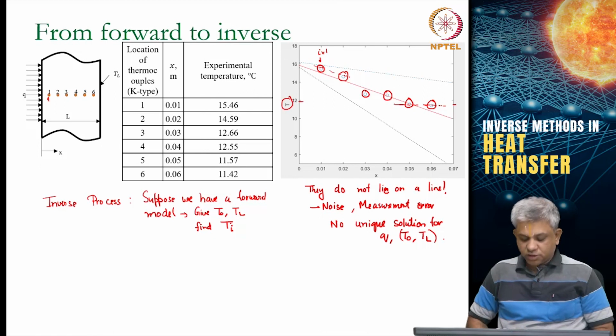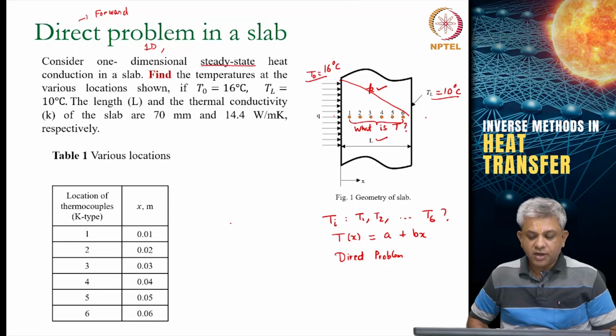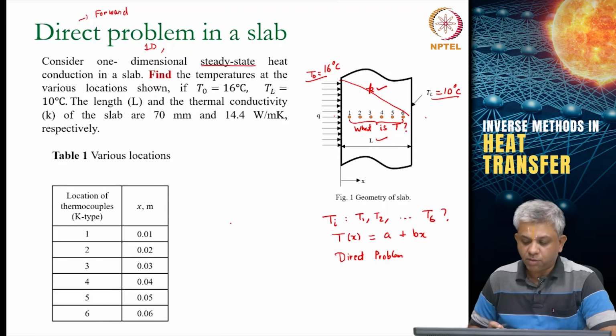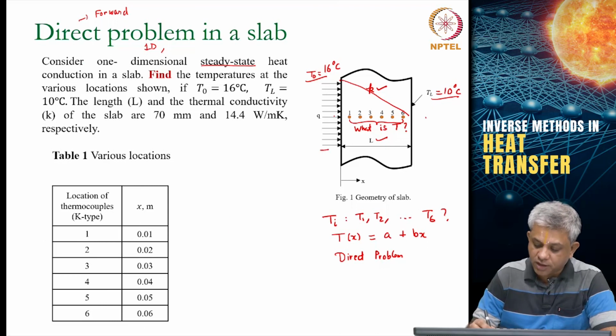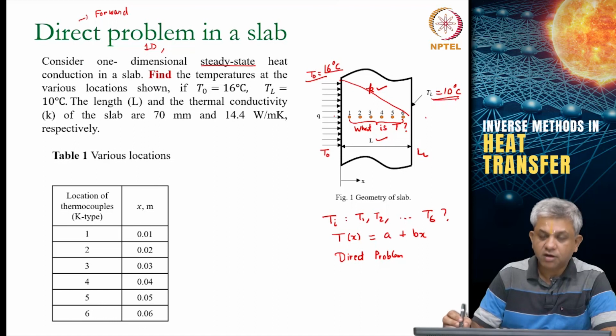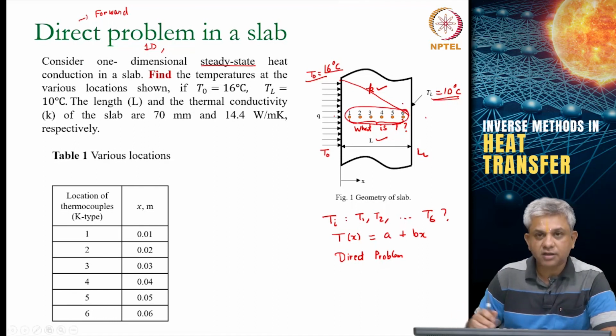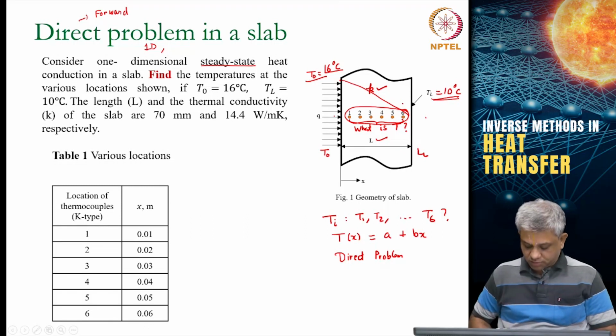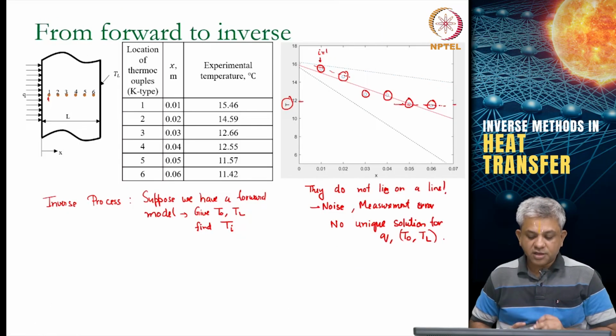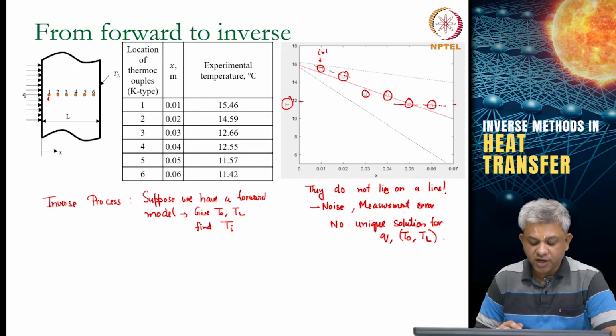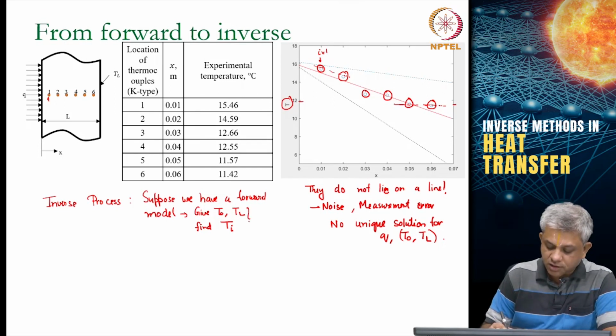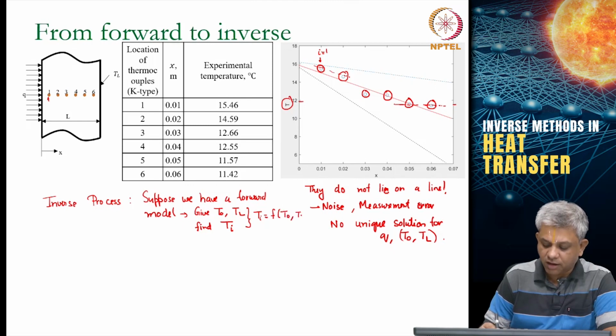Just to show you, here is the forward problem or the direct problem. What did we give here? We gave you T0 and TL, these 2 values, and we were trying to find out Ti, the temperature at these 6 points. So that is T0, TL, find Ti. This means that all the temperatures Ti are a function of T0 and TL.